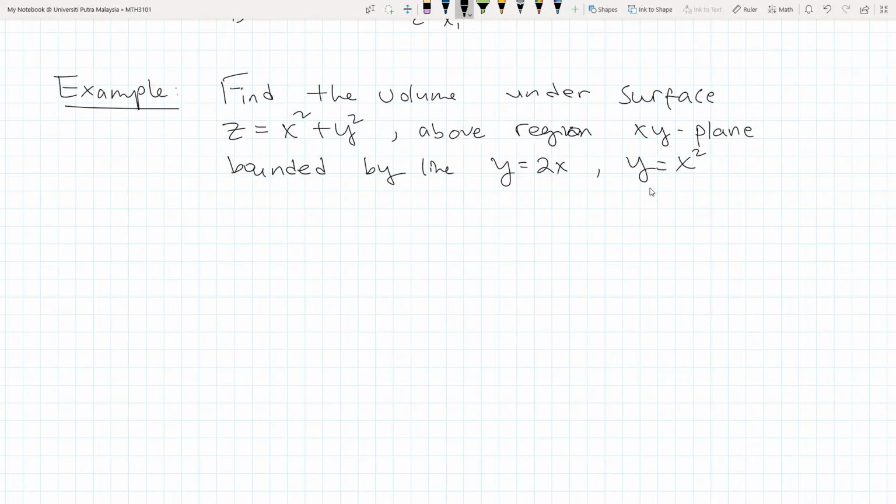Okay, so how do we look at this? Find the volume on the surface above the region in the xy plane.